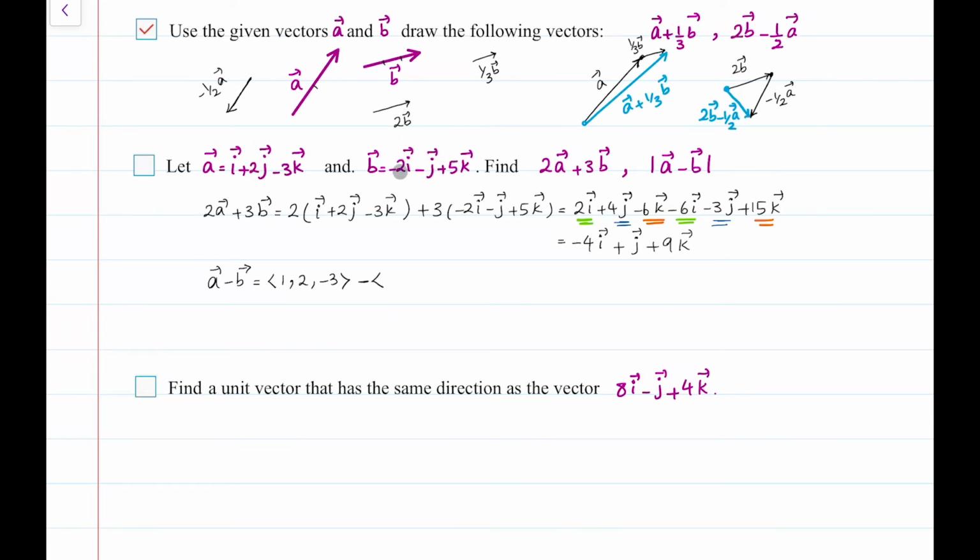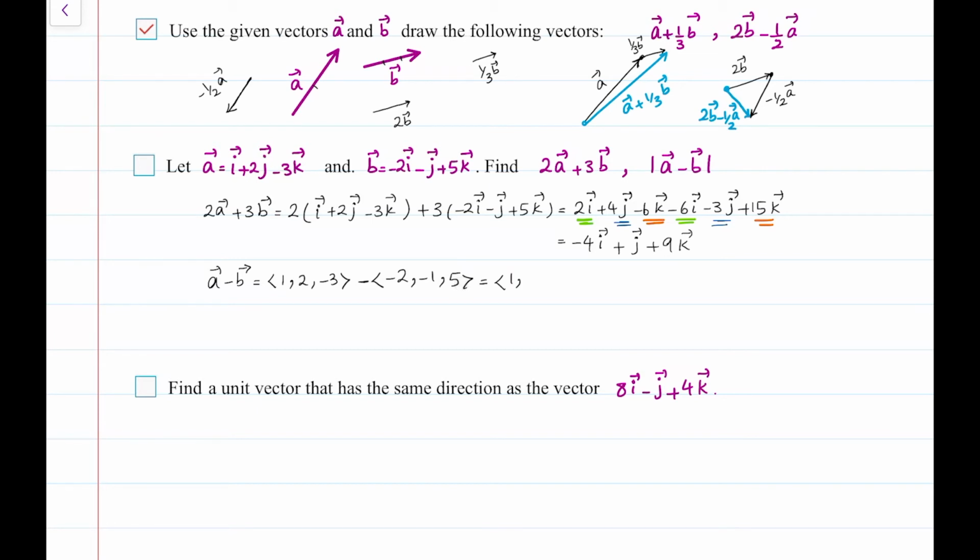The second vector here is negative 2, negative 1, and then 5. So I have what? I have 1. I'm going to basically add the first components and then second components and third components.